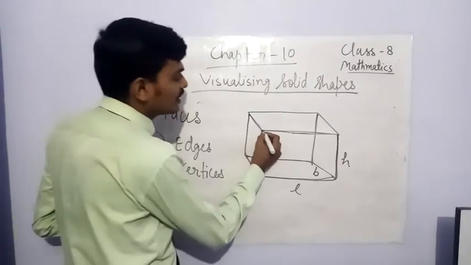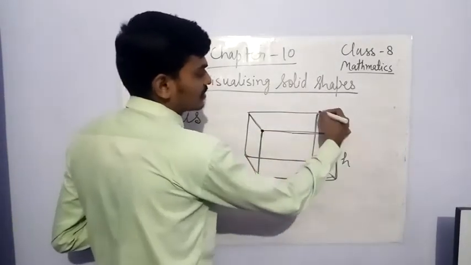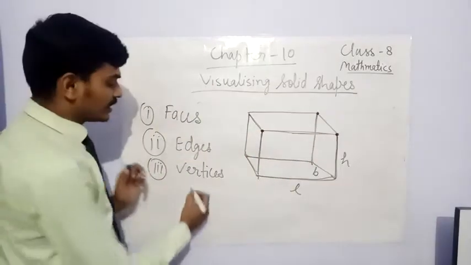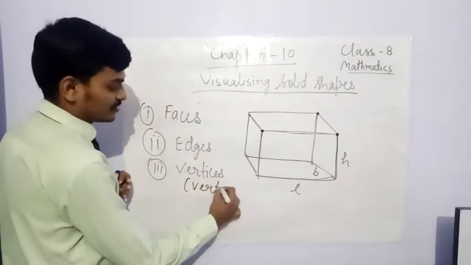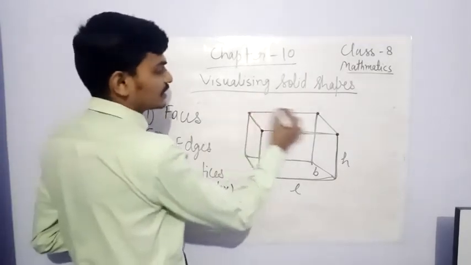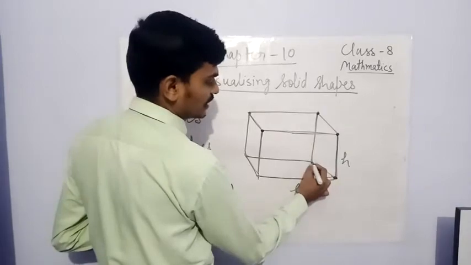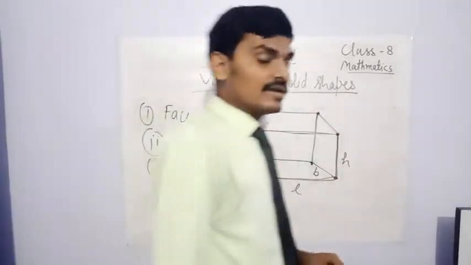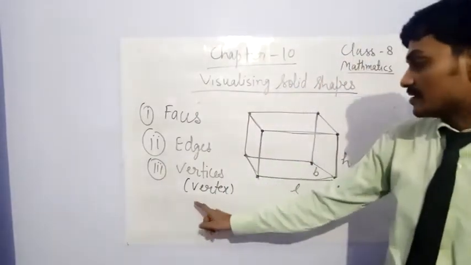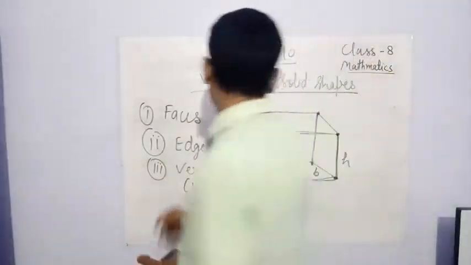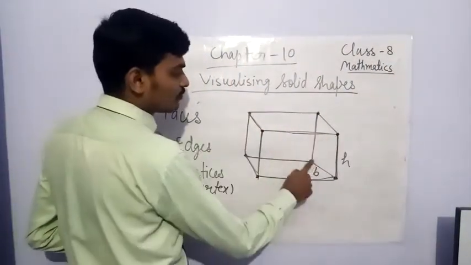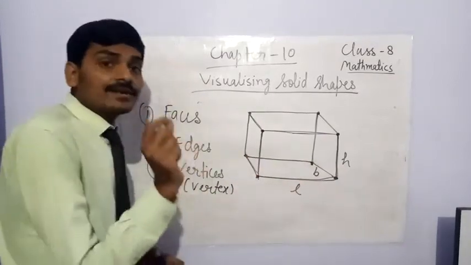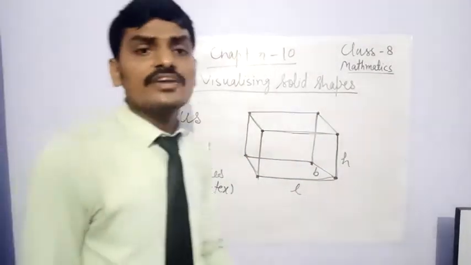Vertices is the plural term and the singular term is vertex. So this is a vertex, this is also a vertex. Here we count 1, 2, 3, 4, 5, 6, 7, 8. So 8 vertices are present in the cuboid.